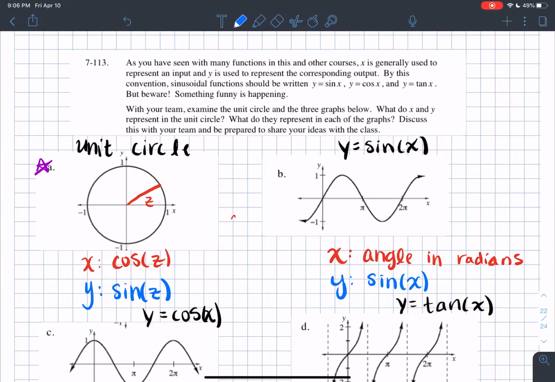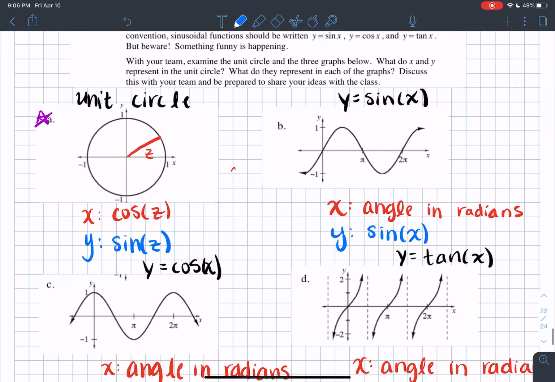So now that we've finished problem 7-113, let's go ahead and go through what we did. So first, we found what x and y represent in the unit circle. We just called the angle some random letter, so we picked z.